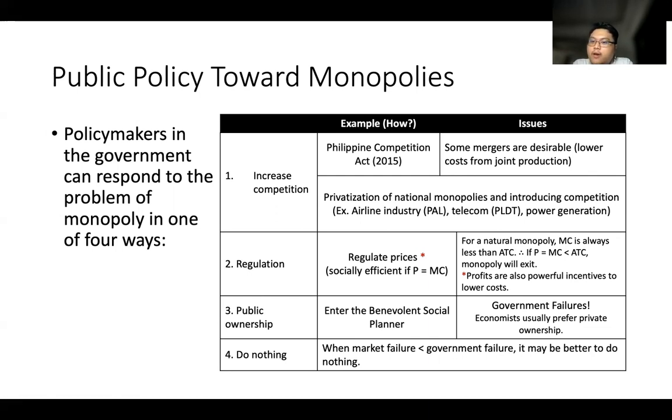They also assess actions like mergers, where two firms join together, which can be desirable because of lower costs. Mergers are allowed because of the economic reason of lowering costs, right?